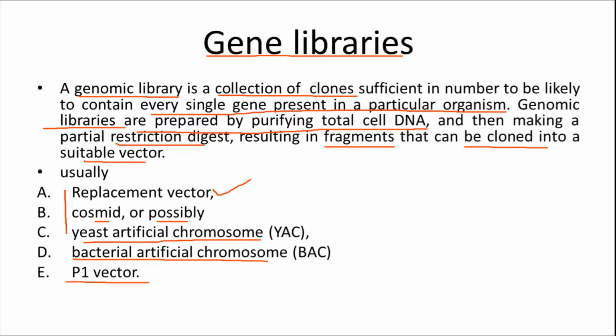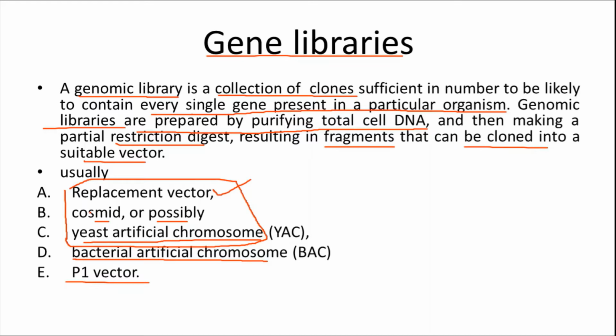These vectors are used to construct the genomic library. Because the COS site will provide a beautiful platform: whatever the gene of interest is, whatever its size, whatever its nature, we can easily join it to the COS site.